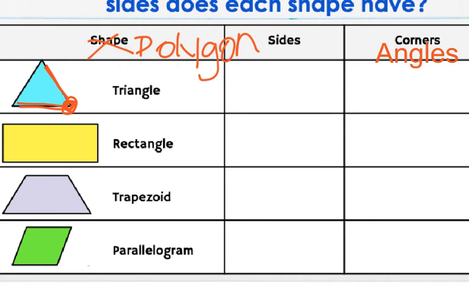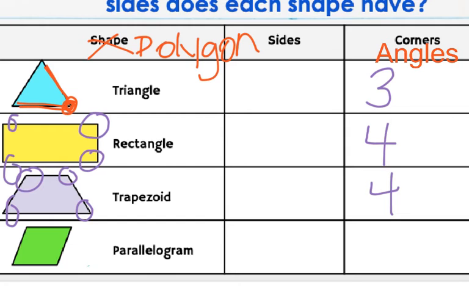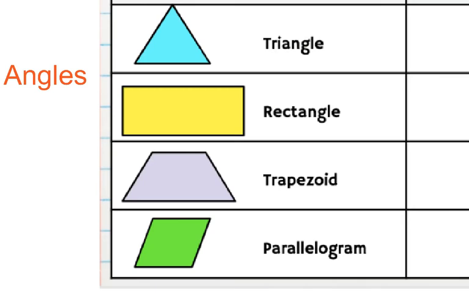We remember that a triangle had 3 corners, which means it has 3 angles. I see 1, 2, 3, 4 angles on the rectangle, 4 angles on the trapezoid, and 1, 2, 3, 4 angles in a parallelogram. But when I look closely at each of these angles, they all look different. So today we're going to learn about these different types of angles.